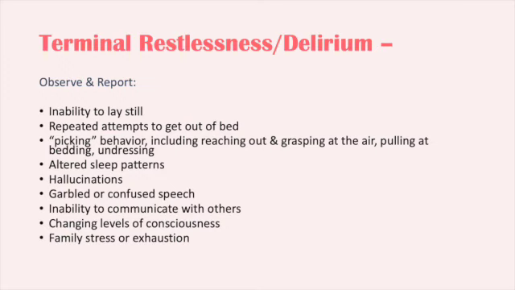Sometimes residents will also, as they get closer to death, start to see people that have passed away before them. Their speech may be garbled or confused, with inability to communicate with others, and their level of consciousness is changing. If there's family stress or exhaustion, you could see these symptoms.